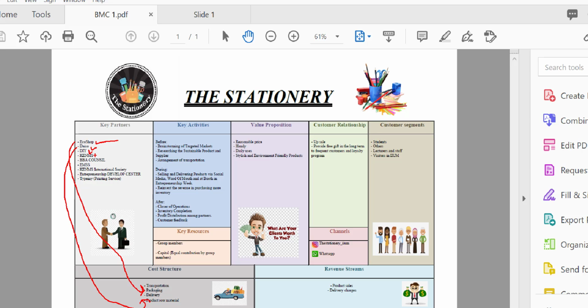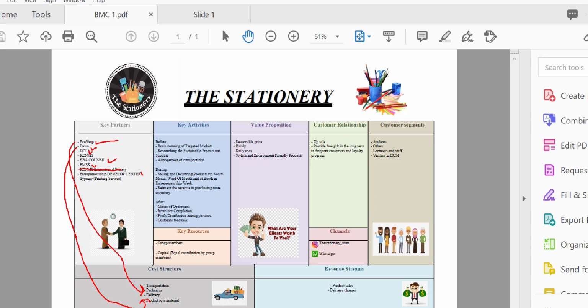KNMS, no need. But BBA Council, yes, you must put your BBA Council because BBA Council will help. MSAS, you can put. This one no need.